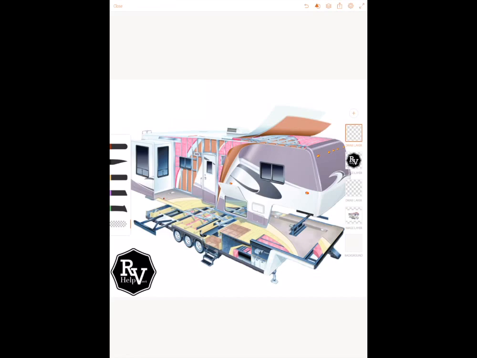All right, so you've checked the topper. So then the next thing you want to do is go around to all the windows, and you're looking for foggy, which is a loss of seal in the dual pane.